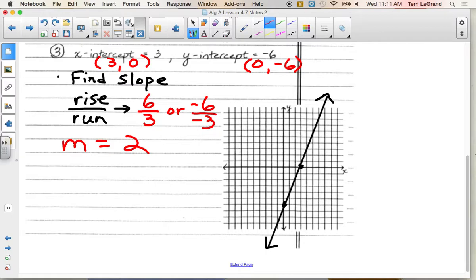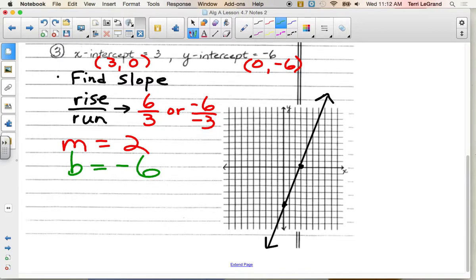In y equals mx plus b, slope intercept form, which intercept are they talking about? The y-intercept. Well, they gave us both of them, so we have to know which one to use, don't we? We need the y-intercept. Well, we know that, don't we? What is it? -6. So we're going to write down b equals -6.